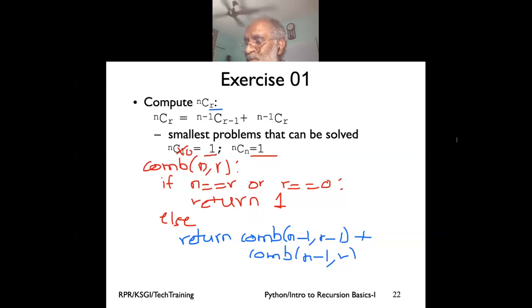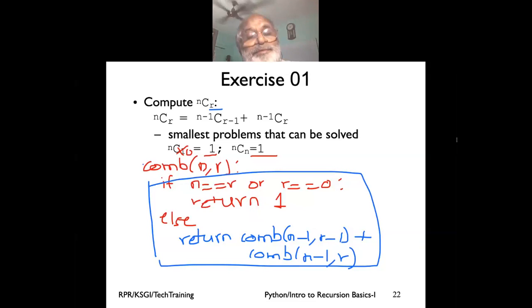Simple NCR, this program would give the answer. It looks surprising, but you'll get the answer.